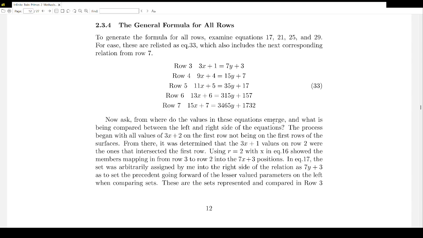For each row, there are more and more lines that you can choose from, but we just chose the first line for each row, and the values from those lines represent values that are not on the surfaces on those rows. And then what we did from there is we said, well, can we show that there are an infinite number of those?